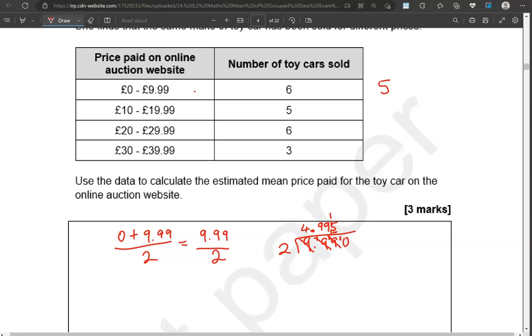Now we've got to find the midpoint between 10 and £19.99. So that is £29.99 divided by 2.